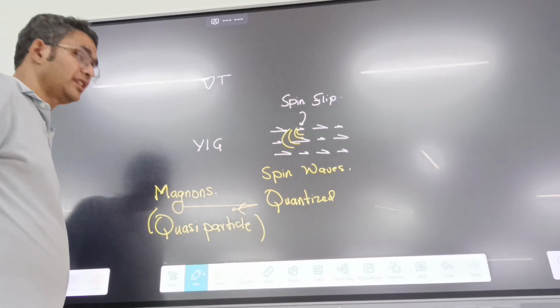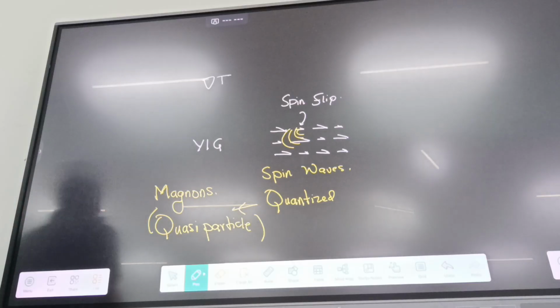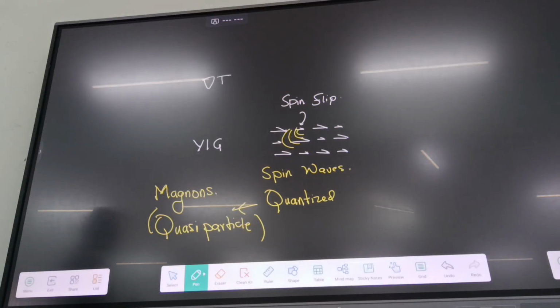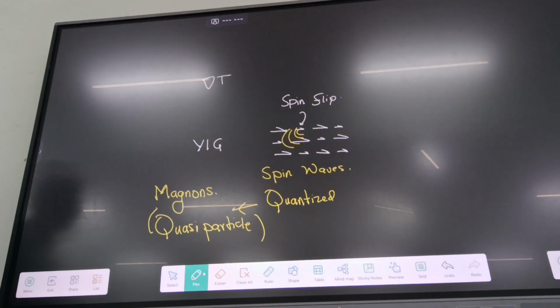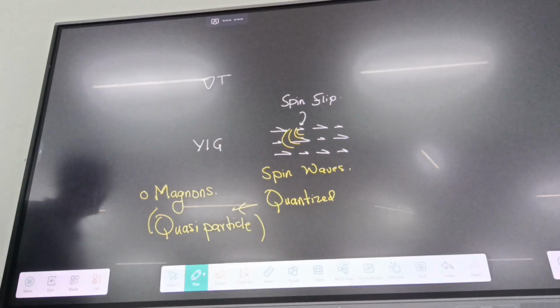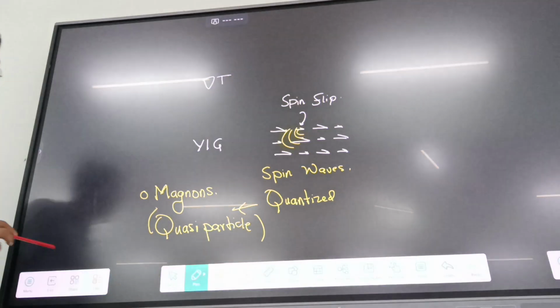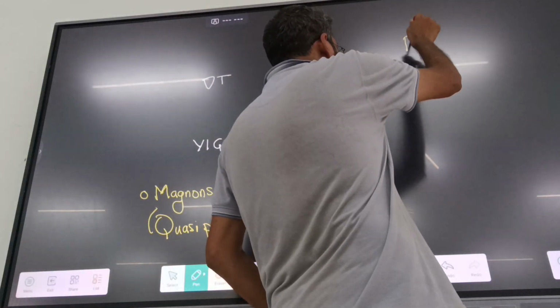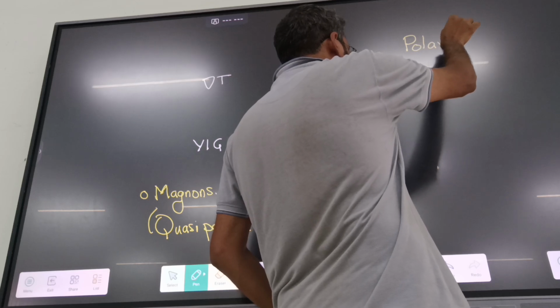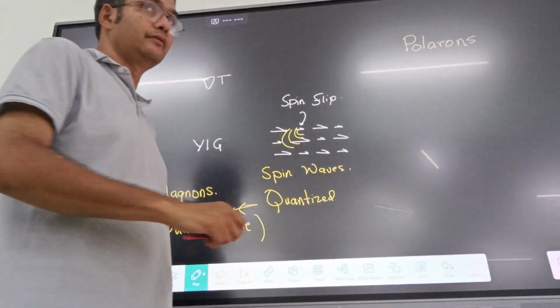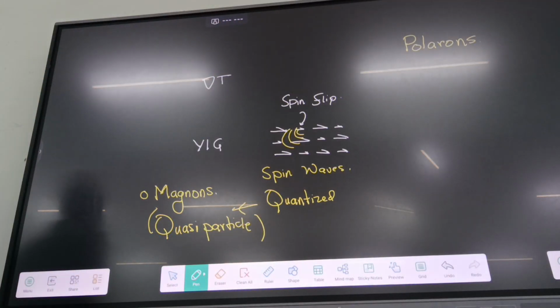Quasi-particle means it is not a real particle, but you can call it an effective particle. जैसे effective mass होता है, इसी तरह से due to the surroundings, if you consider any mass which is not really existing, but to simplify the things, बहुत सारे इंटरेक्शंस को अगर हम एक ही सिंगल पार्टिकल के मोशन से एक्सप्लेन करना चाहें तो we use quasi-particles, and one of them is magnon. There have been other quasi-particles जो तुम लोगों ने पढ़ा है, जैसे कि polarons, इंजीनियरिंग में पढ़ा है. Where do they exist? In conducting polymers.